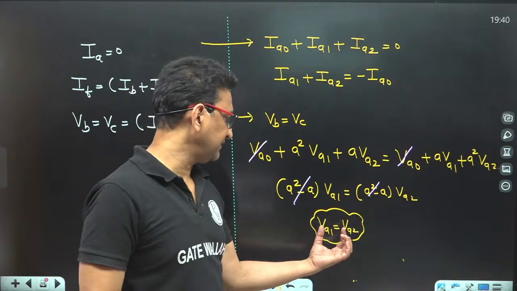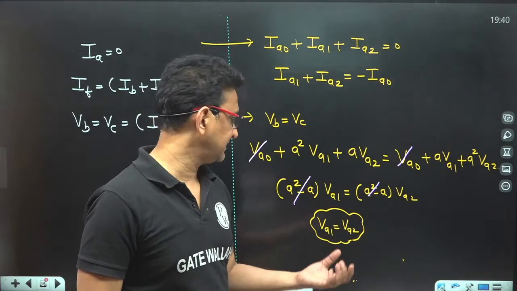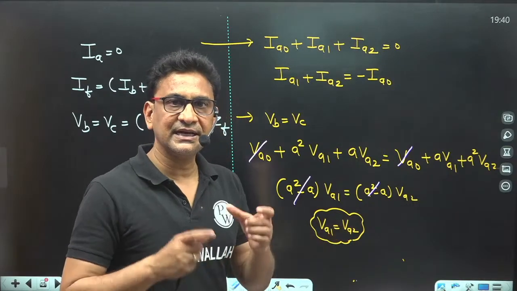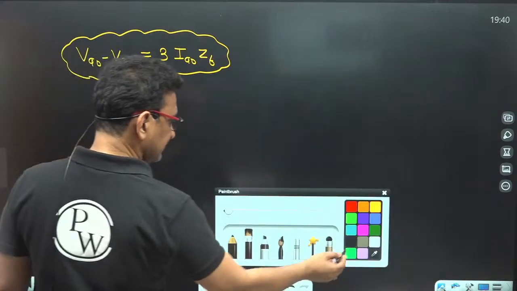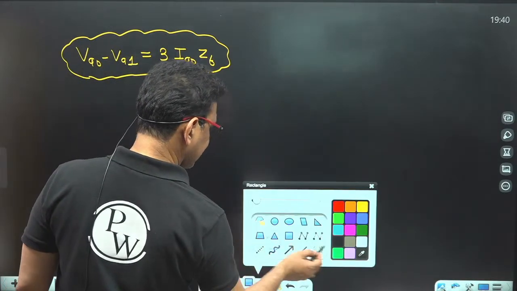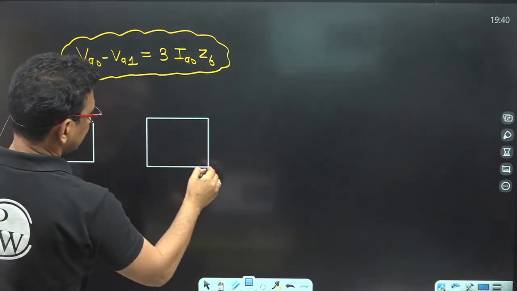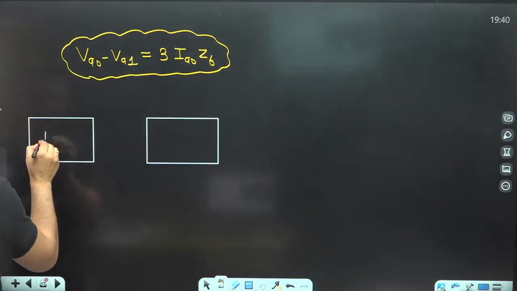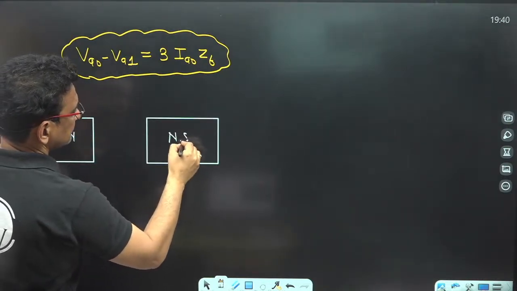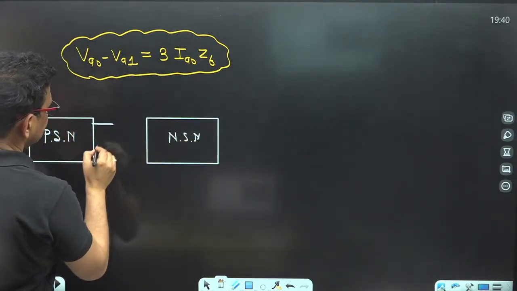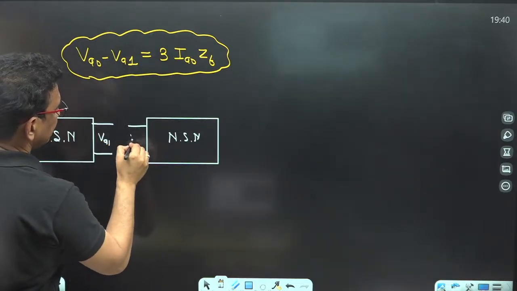Here it is clear VA1 is equal to VA2, which means the positive sequence network and the negative sequence network are connected in parallel, because the voltage of one is VA1, the voltage of the other is VA2, and VA1 and VA2 are equal.